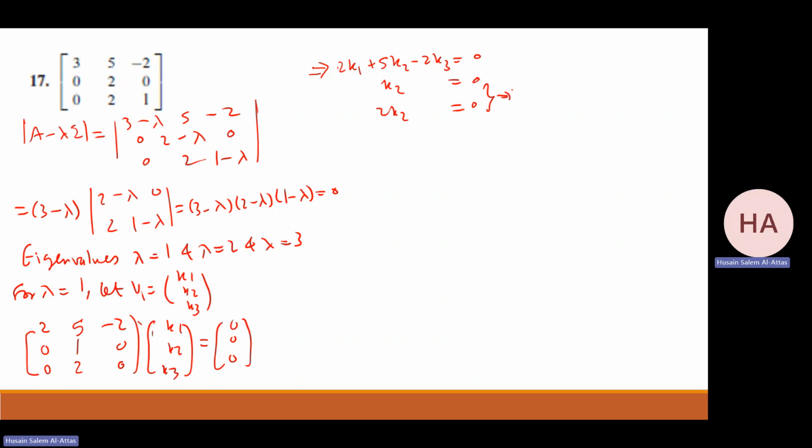From here, I'm getting k2 equals 0. Put it there. I'm getting 2k1 minus 2k3 equals 0. So k1 equals k3.